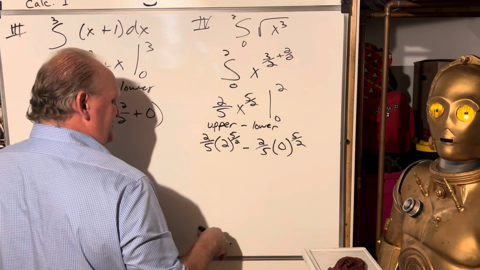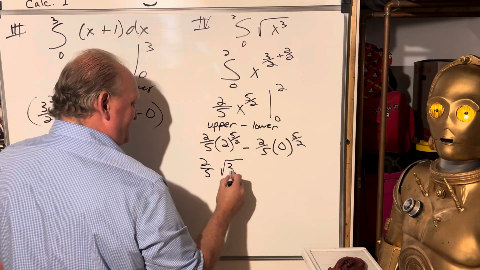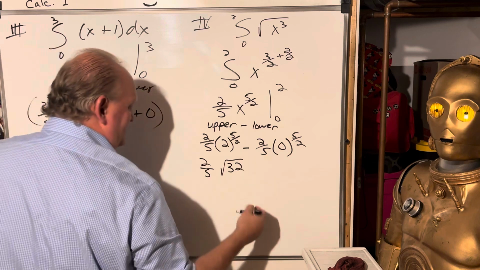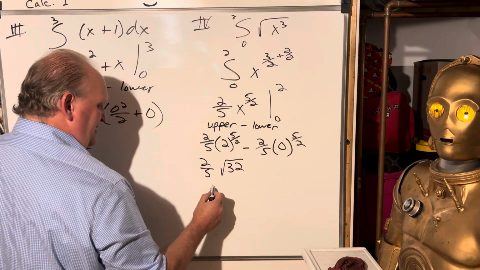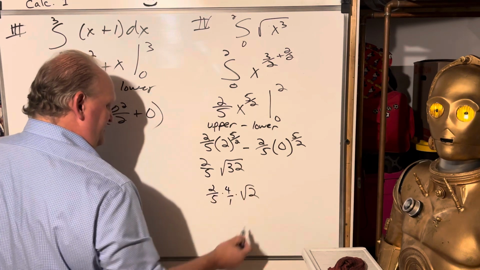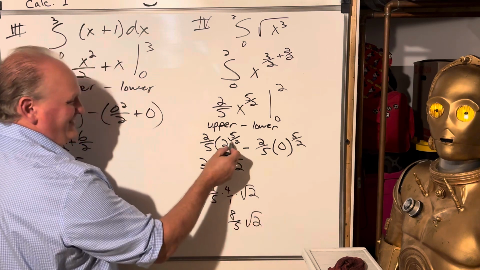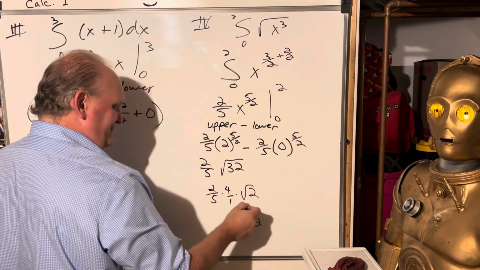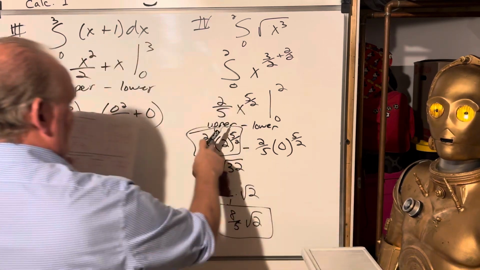It's the square root of 2 to the 5th. 2/5 square root of 32, I guess. And then that's really 16 times 2, right? So 4. So 2/5 times 4 times the square root of 2, or 8/5 square root of 2. You could probably just leave it like this. We're not really worried about this stuff right now, but that's fine. If you simplified it down, that's fine. If you just left it like this, that would be fine. I think on the key, I just left it like that.